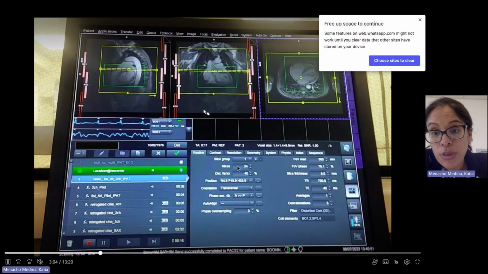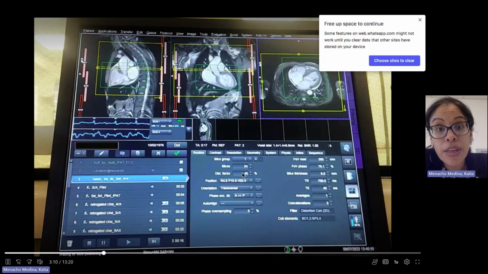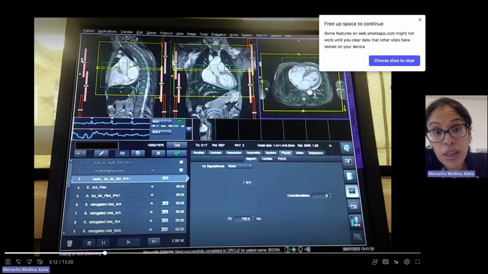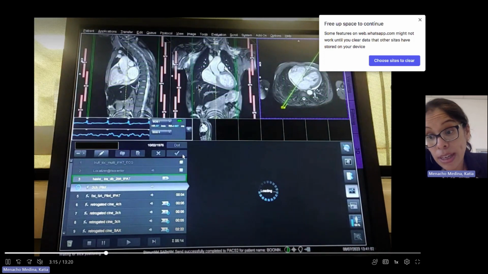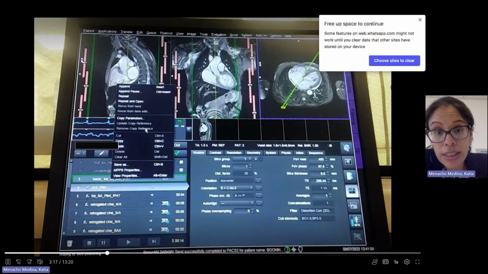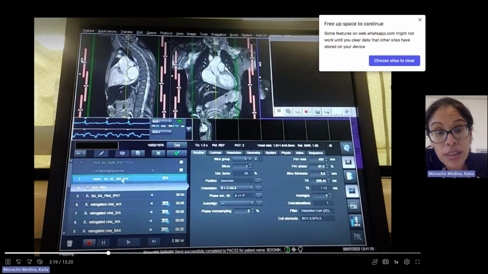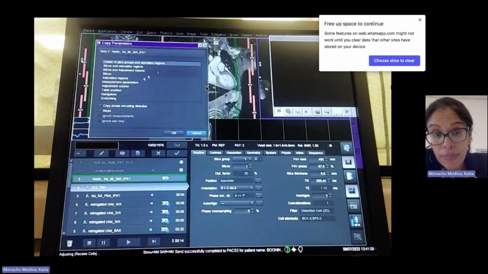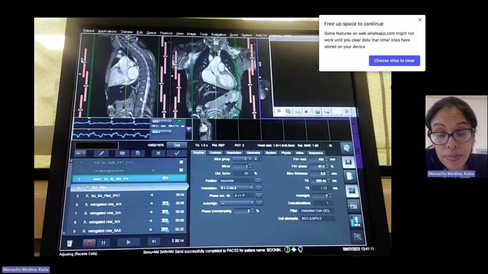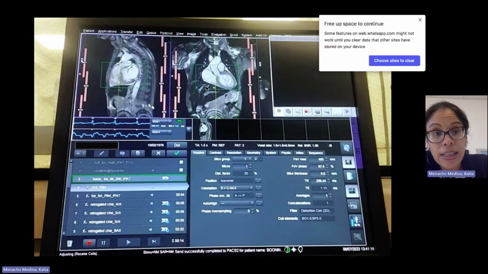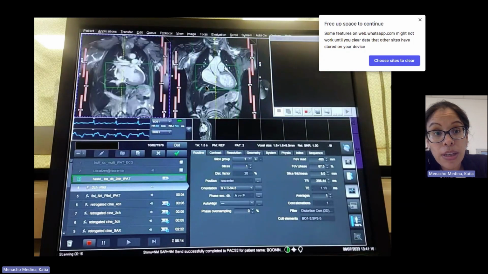So you can see it's 24 slices, slice thickness is 8 millimeters. You can adjust the distance factor in accordance to the size of the patient. This was a patient with liver iron and probably cardiac iron as well, so you can see how dark the liver is.